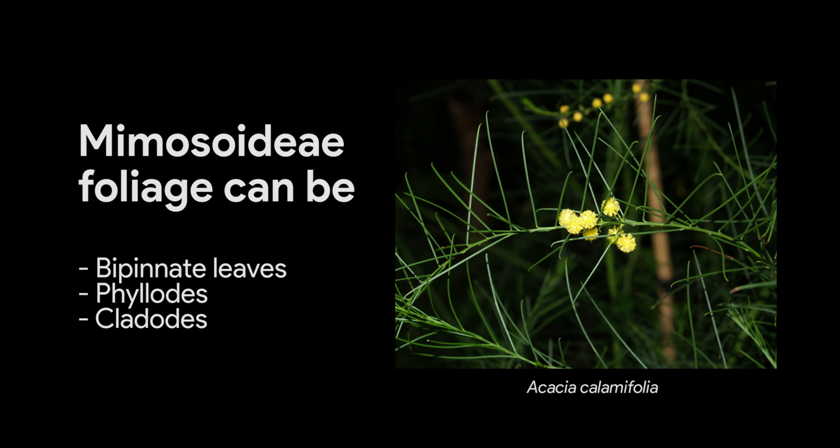In a phyllode, the actual leaf is greatly reduced and the expanded leaf stalk serves the role of a leaf. Modified flattened stems called cladodes occur in some species also, and they act similar to phyllodes, performing the role of leaves. Some species produce tendrils, but that's very rare.